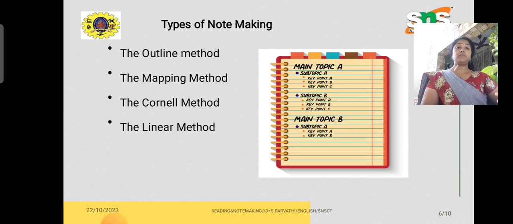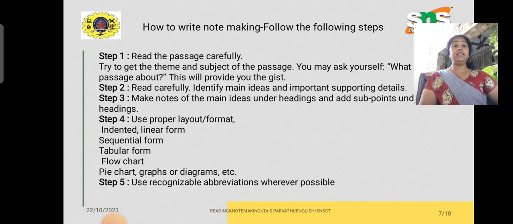And look at this. There are many types of note making: the outline method, the mapping method, the Cornell method, and the linear method. We are going to see the linear method now. So how to write note making? Follow the following steps. The first one I already told you. First, you read the passage carefully and try to get the theme and subject of the passage.